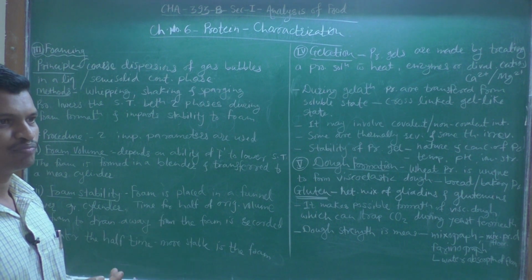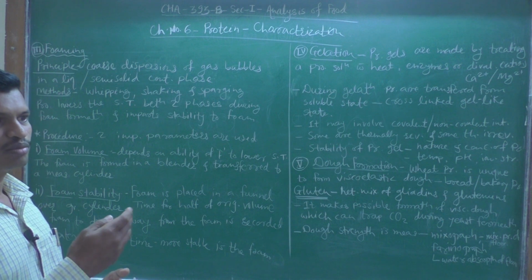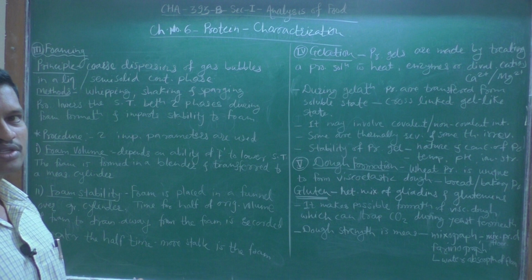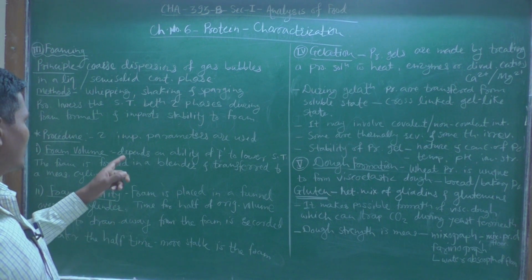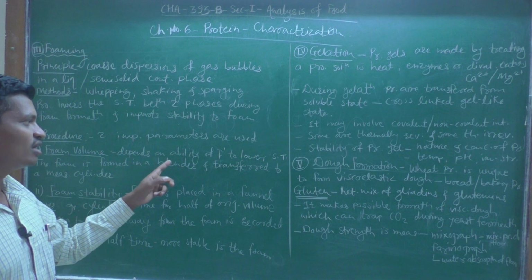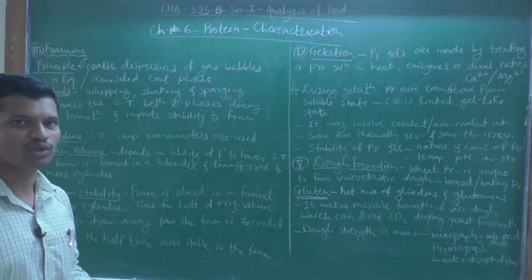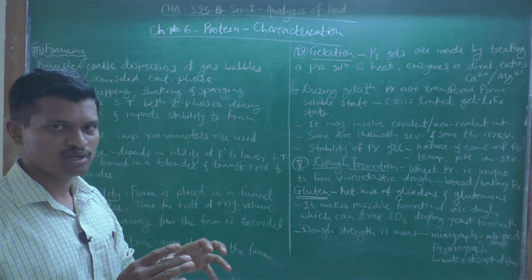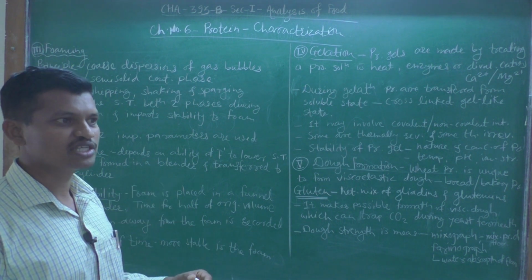It is the volume of a foam. During the process of foaming, this volume of foam is determined, and it depends on the ability of the protein to lower the surface tension.